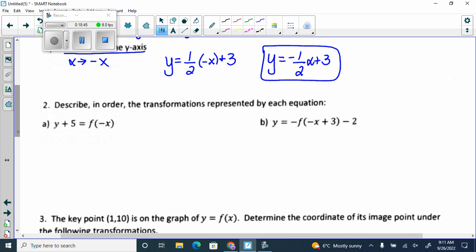Okay, this one we have to get y by itself first. So we get y equals f of negative x minus 5. So when we say our transformations, do we have any stretches? Do we have any reflections? We have a reflection with the x, so it's actually a reflection in the y-axis.